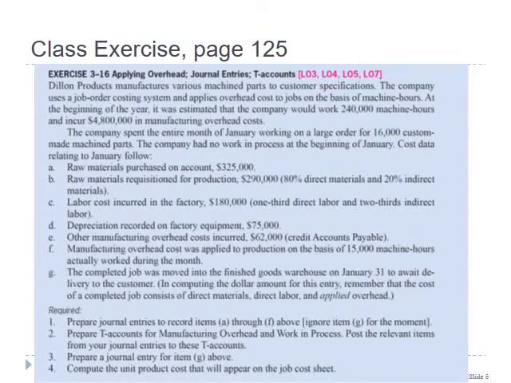So I have here the class exercise. This is a question from your book, chapter 16 exercise, on page 1 to 5.